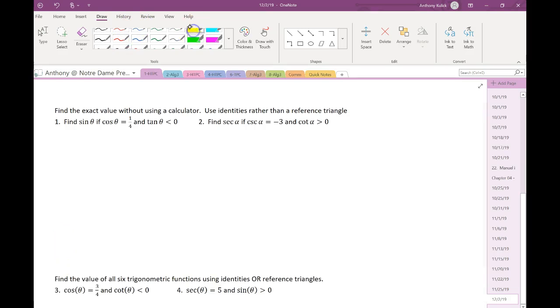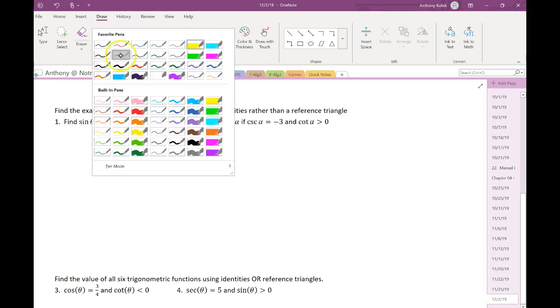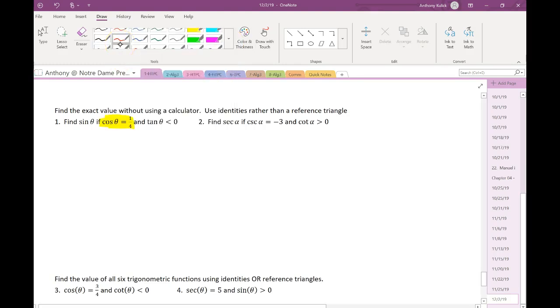So, for 1, we know cosine is that. That's 1 down, 5 to go. What other one can we get immediately from this? Secant. What's secant theta got to be? The reciprocal. 2 down, 4 to go. Everybody so far so good?